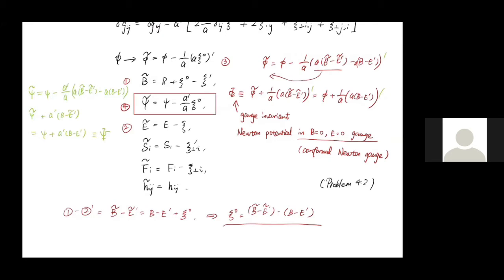This is called the curvature perturbation in conformal Newton gauge.